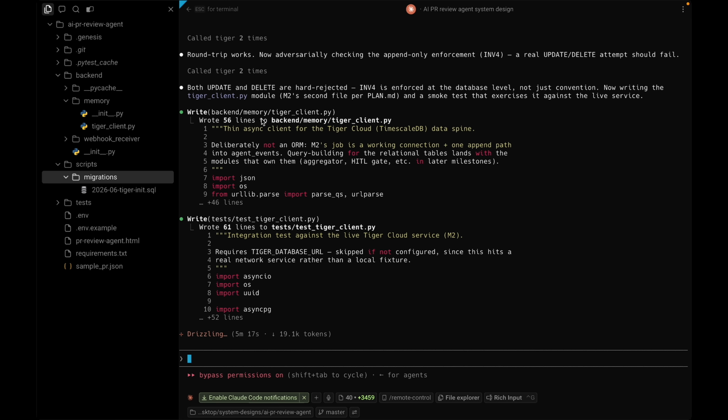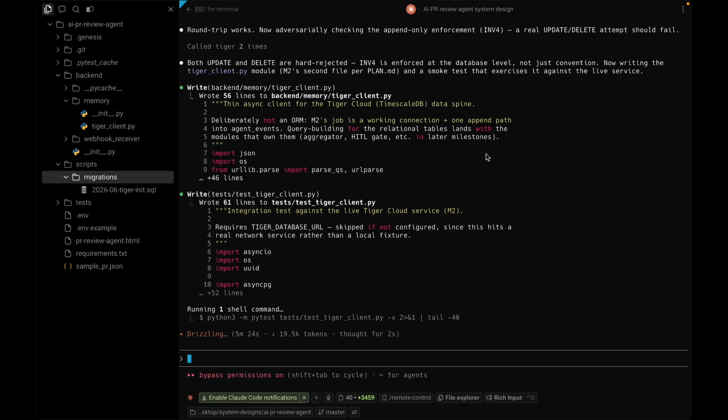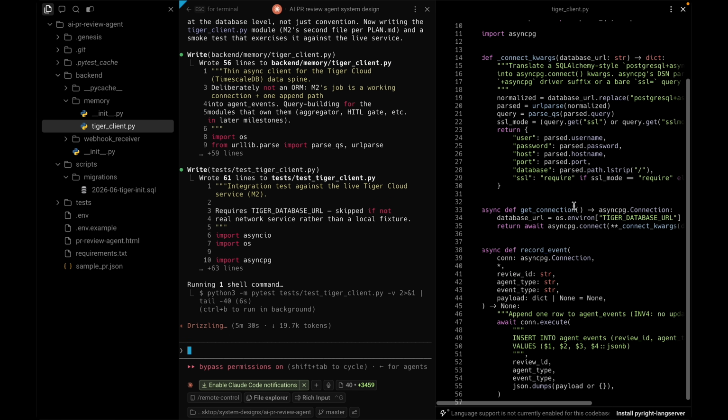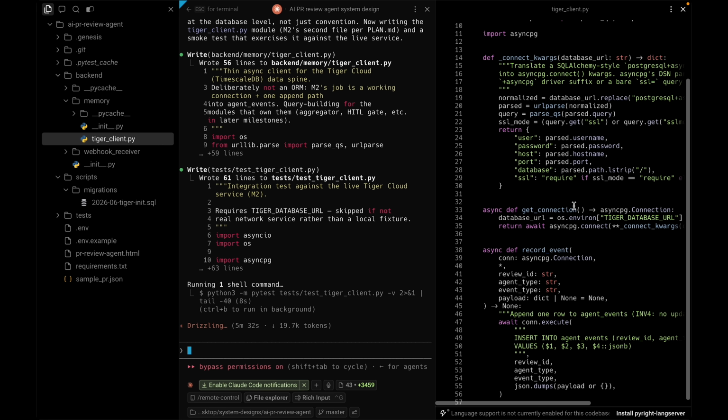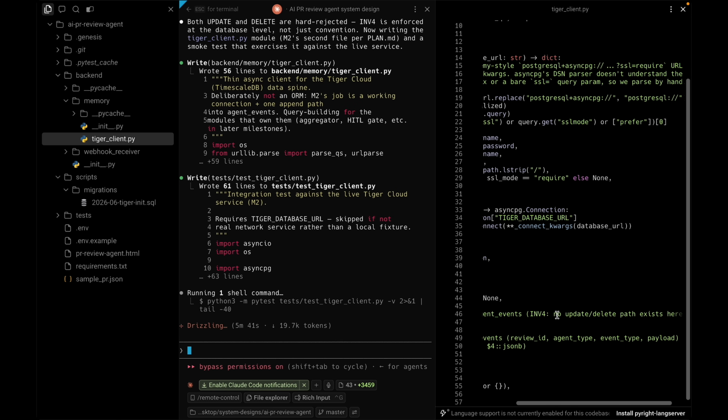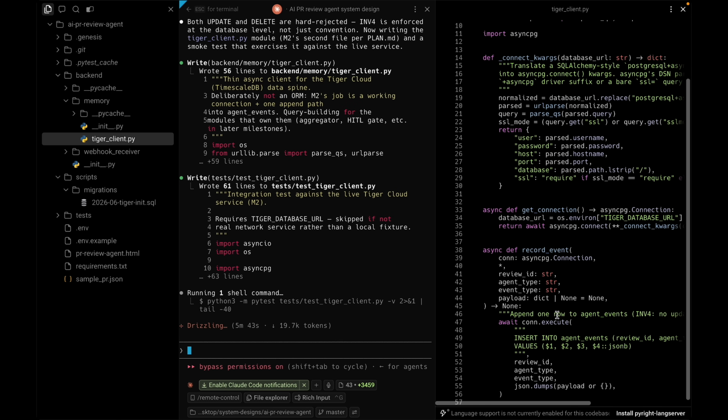Now it's writing a smoke test that exercises it against the live service. As you can see, every invariant is being followed. That is one of the beautiful parts of what we have designed.